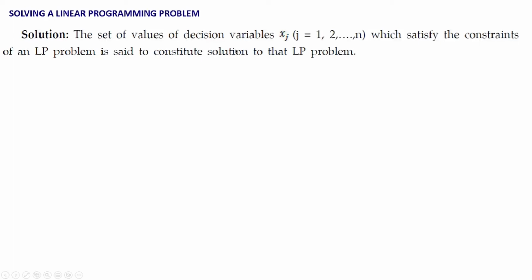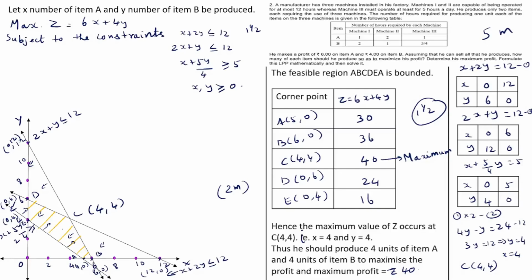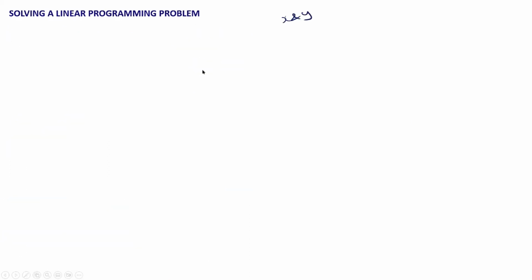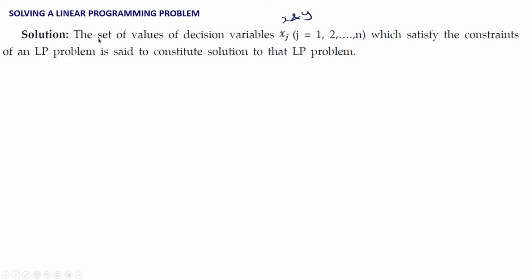The set of values of decision variables xj, so in our case the decision variables are x and y, which satisfy the constraints of a linear programming problem, is the solution of the linear programming problem. So in our example, all those values of x and y which satisfy these 3 constraints are the solution of the linear programming problem.